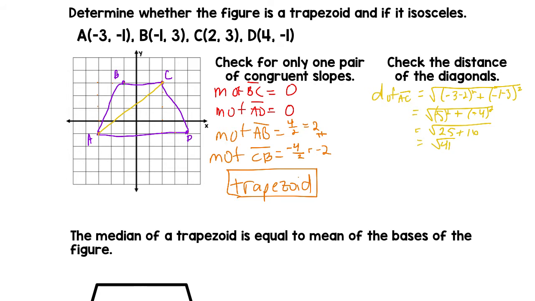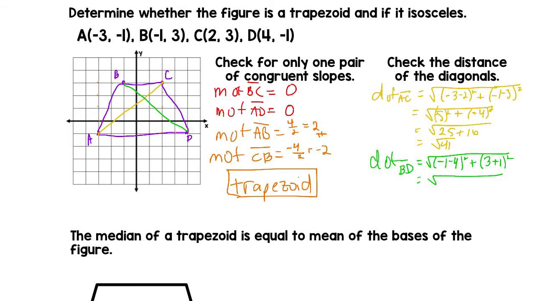Same idea, but this time for BD. We want the distance of BD. The difference in the x's squared, -1 minus 4 squared, plus the difference in the y's squared, 3 plus 1 squared.